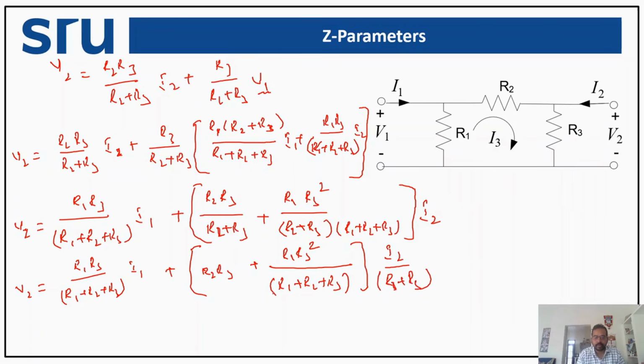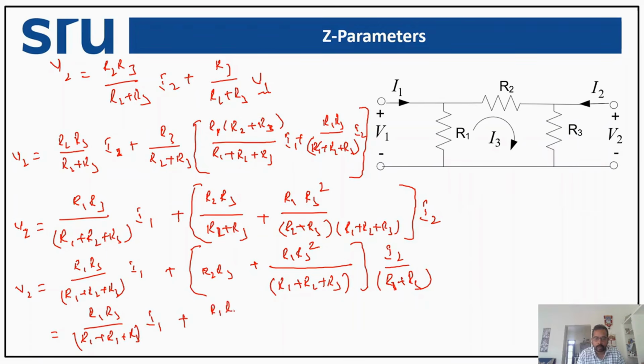Now we shall simplify these particular terms. What we are going to get? It is R1 R3 divided by R1 plus R2 plus R3 into I1 plus, try to multiply this one. What we are going to see?